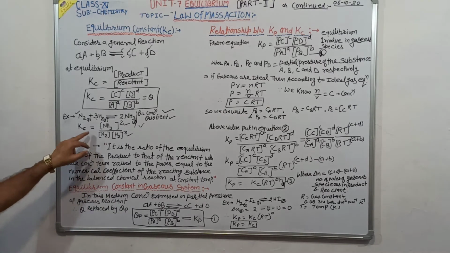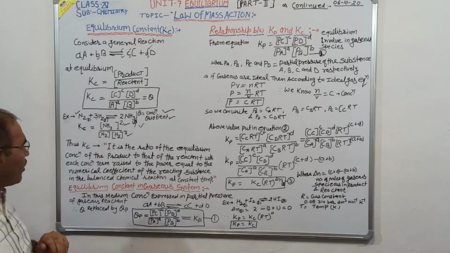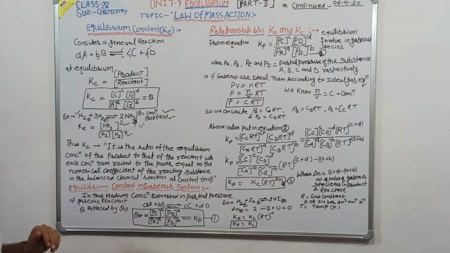Kc is the ratio of product upon reactant concentration in the balanced chemical reaction.